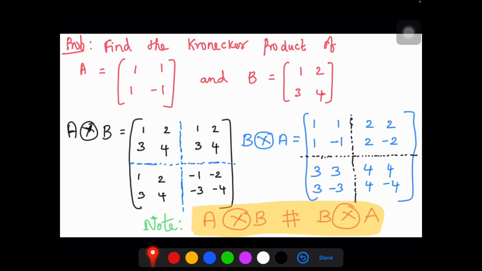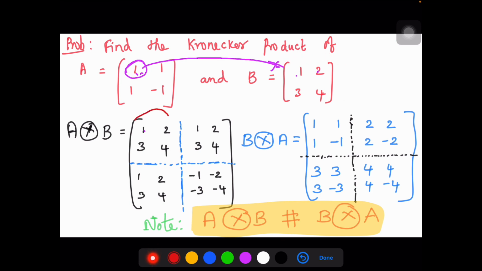They have asked us to find A Kronecker product B. For this, take one element of A alone, and multiply it with all the elements of B. So 1 into 1 is 1, 1 into 2 is 2, 1 into 3 is 3, 1 into 4 is 4. Multiply that one element with all the elements of B to get A Kronecker product B.